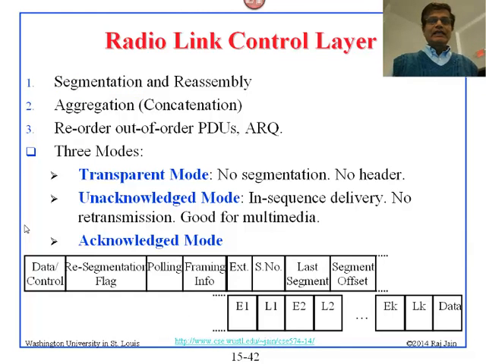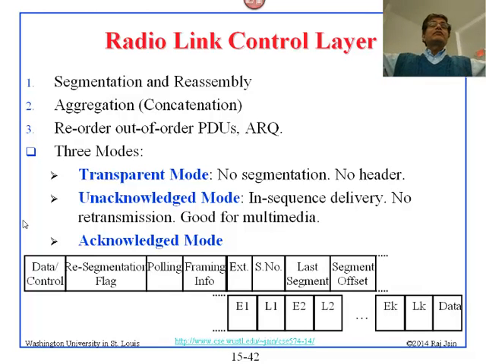PDCP. RLC does three functions: segmentation and reassembly, aggregation, and out of order. So basically, if you really don't think about this one, then all it is doing is segmentation and reassembly and aggregation.